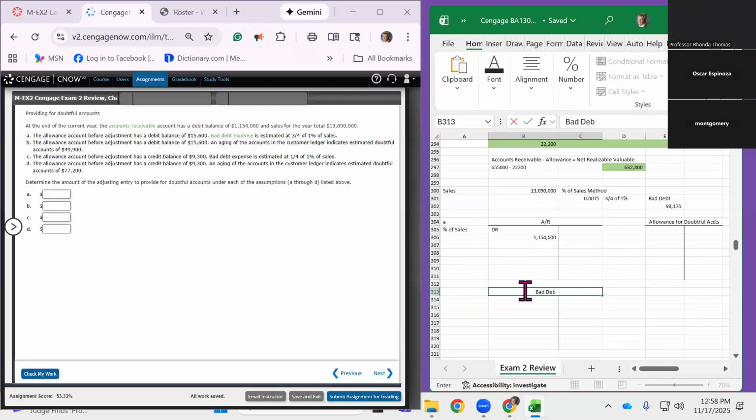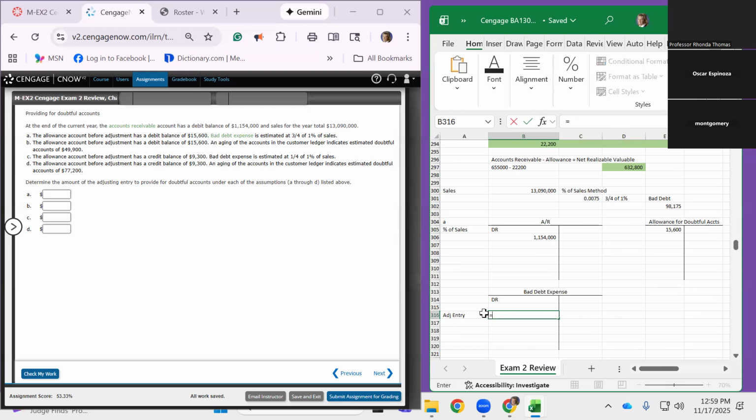So one more time for the record. When you are using the percent of sales method, it finds bad debt expense. And so you're going to make an entry. You don't really care how much is sitting in here, right? But just for the record, it has $15,600. But bad debt expense is going to go in as the adjusting entry of whatever you find.